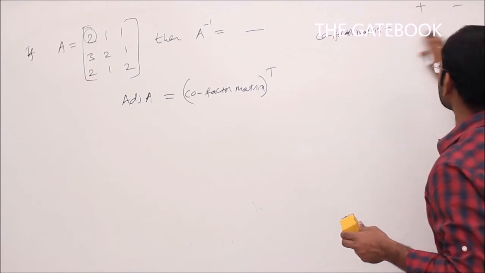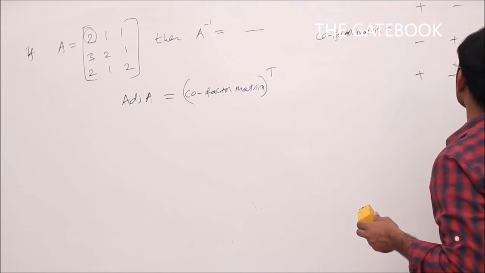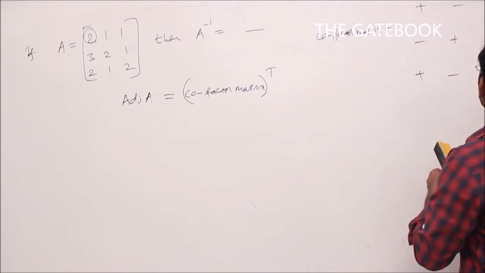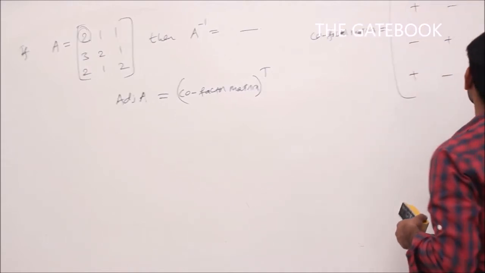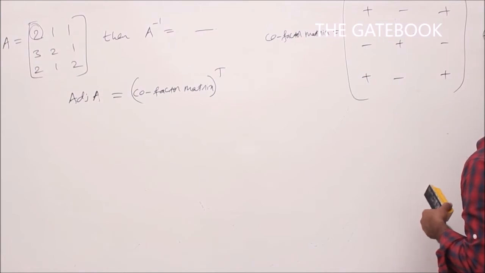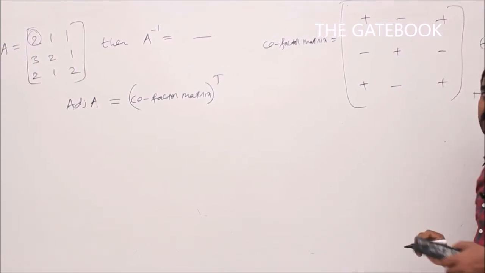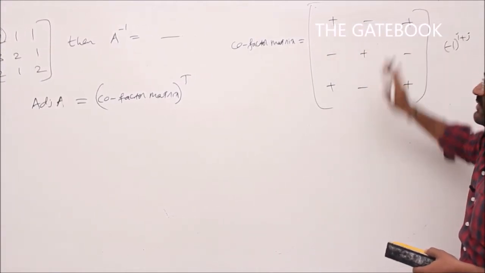These are the corresponding signs of cofactors. By applying the formula minus 1 whole power i plus j, where i indicates the corresponding row number and j indicates the corresponding column number, we'll get these signs of cofactors.